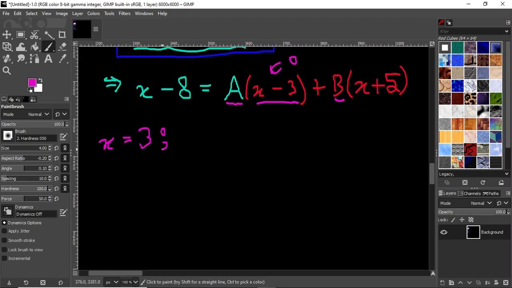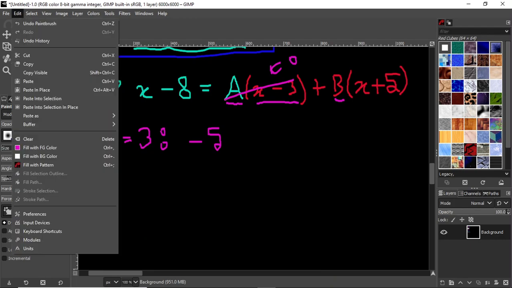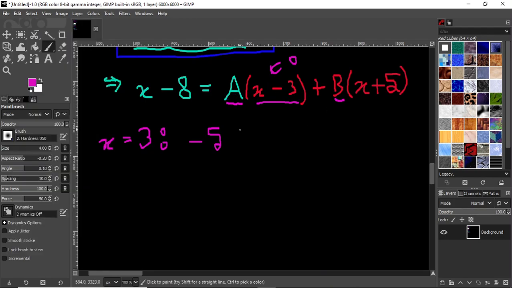So let's substitute x equals 3. If we do that, the left side is going to be 3 minus 5, and this is going to be 0, so this is going to cancel out. It's going to be 0, and here we have B into 3 plus 5, that's 8, right?